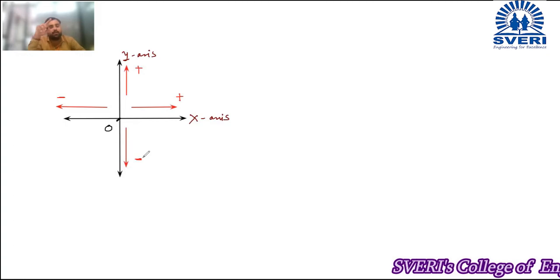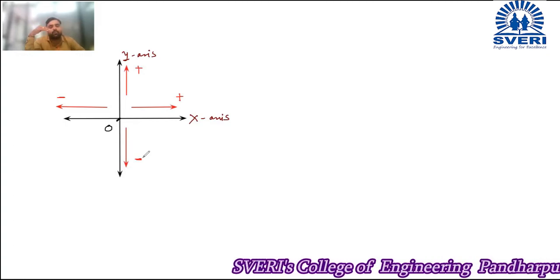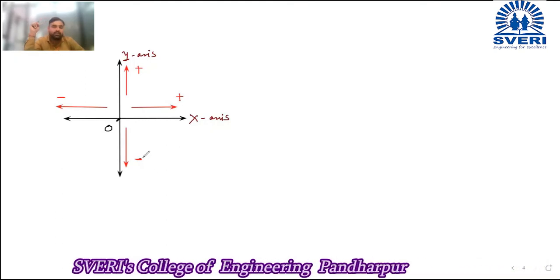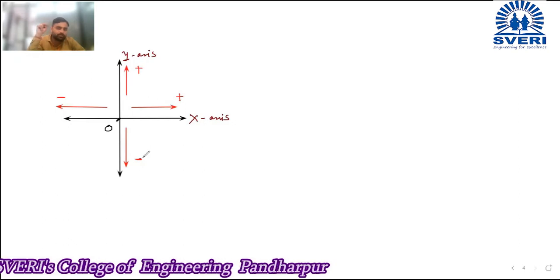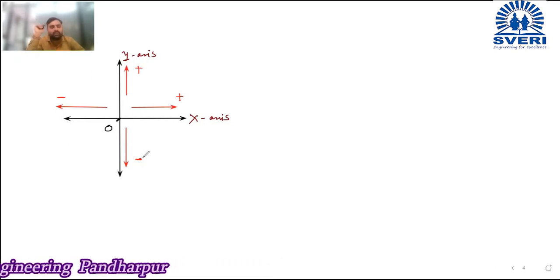So in summation Fy, when the force parallel to the y-axis is moving upward, take it as positive; if it is moving downward, take it as negative. These are your sign conventions.